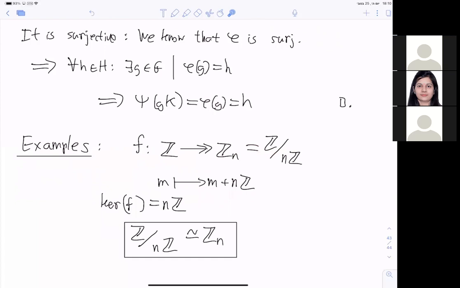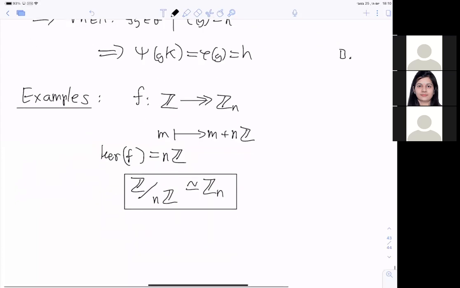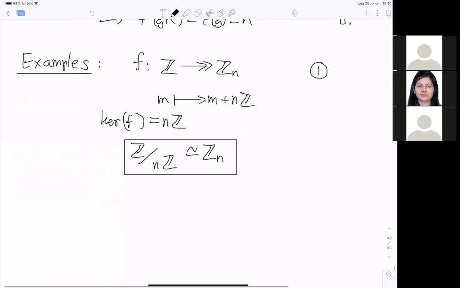So maybe we should have deleted it, and understand it now. So I repeat, the whole group modulo its kernel is isomorphic to the image. So this was the first example, which is some kind of trivial.